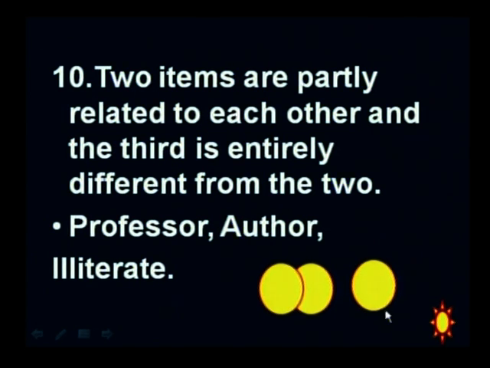Whereas you have a third type which speaks about illiterate people; illiterate people cannot be professors or authors. So, these are the 10 different Venn diagrams. Using these you will be able to solve any logical problem using Venn diagrams.